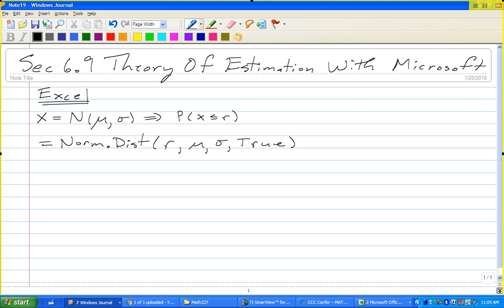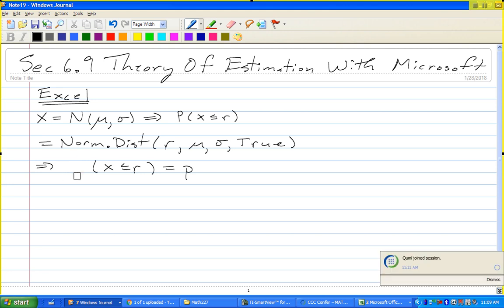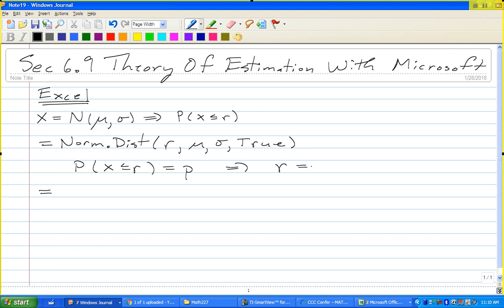If you want to determine r, so that the probability of x being less than or equal to r is p, some given value p, then you would say that your r would equal the following command.